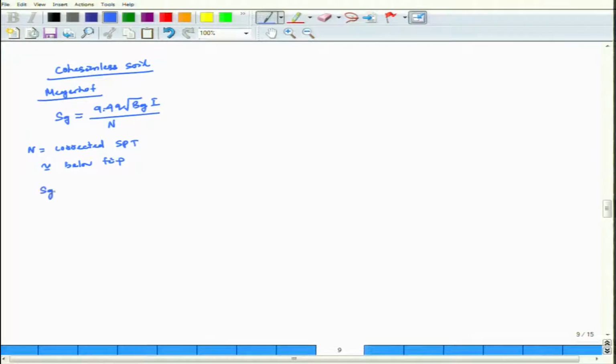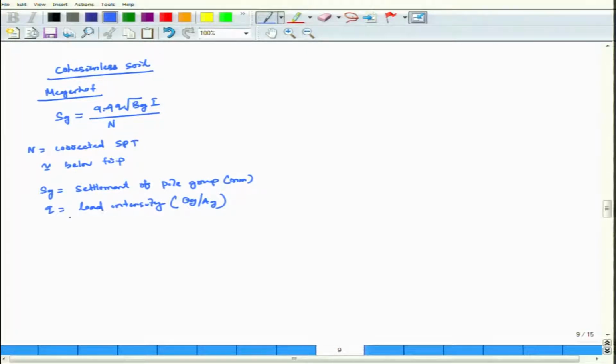Sg is equal to the settlement of pile group in mm. Q is equal to load intensity, which is equal to Qg by Ag.